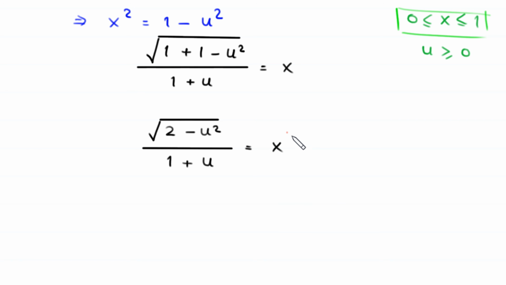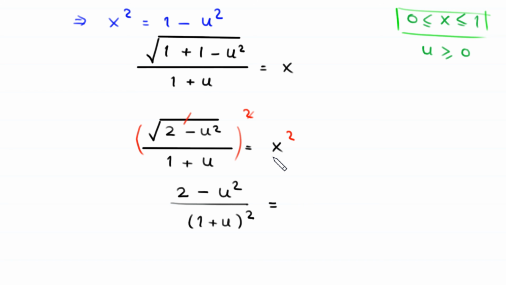From here we square both sides. The square cancels with the square root, and in the numerator we are left with 2 minus u squared, divided by 1 plus u whole squared, equals, replacing x squared, 1 minus u squared.